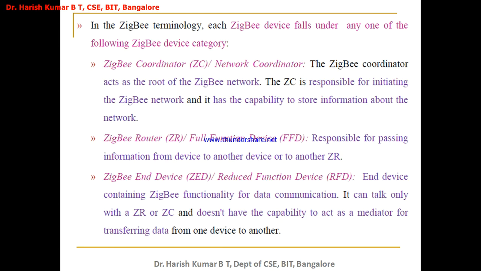Now again, a ZigBee device falls under one of the following categories: ZigBee coordinator, ZigBee router, and ZigBee end device. The ZigBee coordinator acts as the root for the ZigBee network, the ZigBee router is responsible for passing the information from one device to another, and the ZigBee end device is the ultimate receiver of the data.